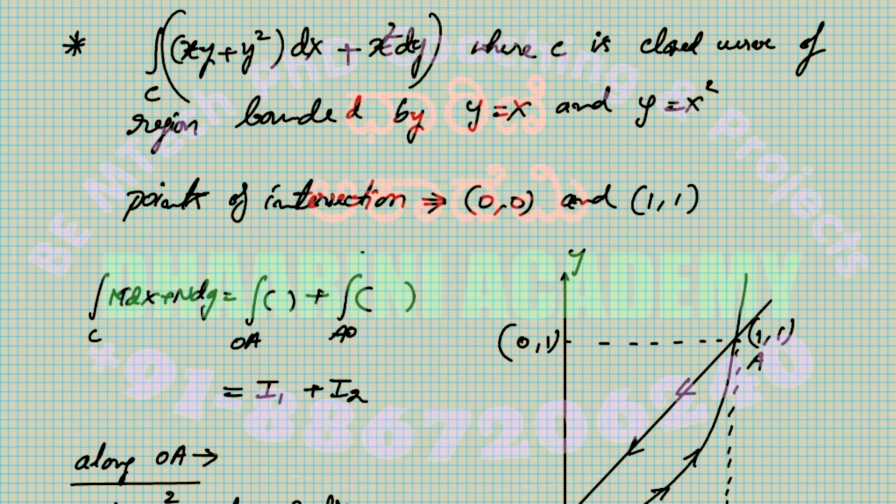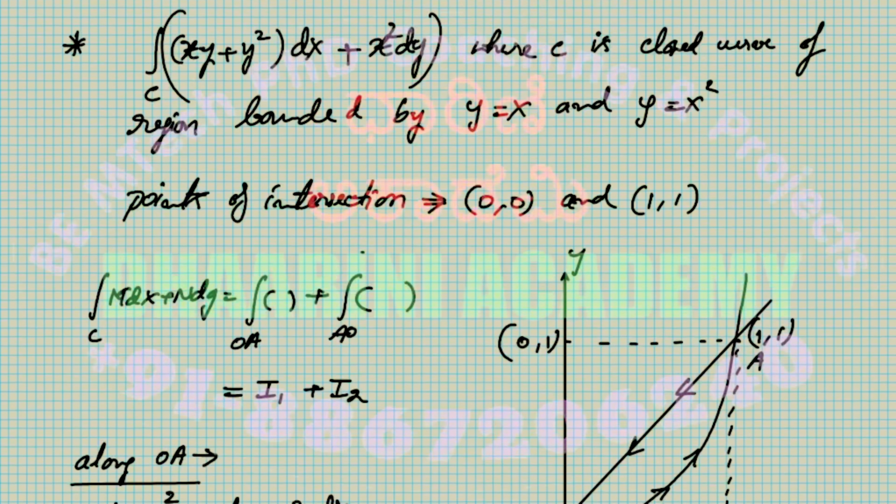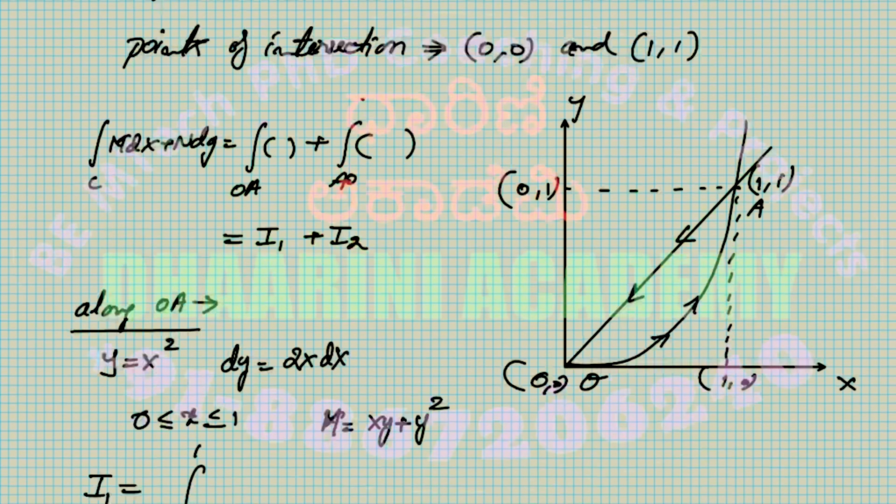So let's write here. M is equal to xy plus y squared, correct?